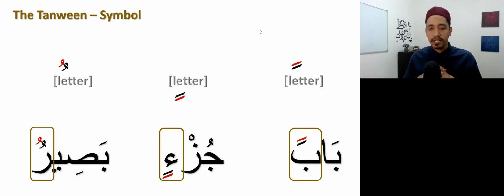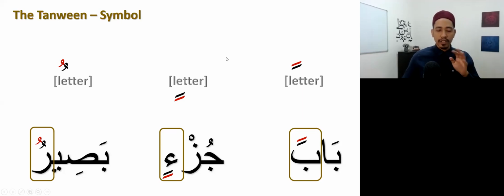And in terms of the shape itself, is there a pattern? Does it follow a specific shape? Nunation. So Tanween literally means nunation. That's correct. Same as its harakat.